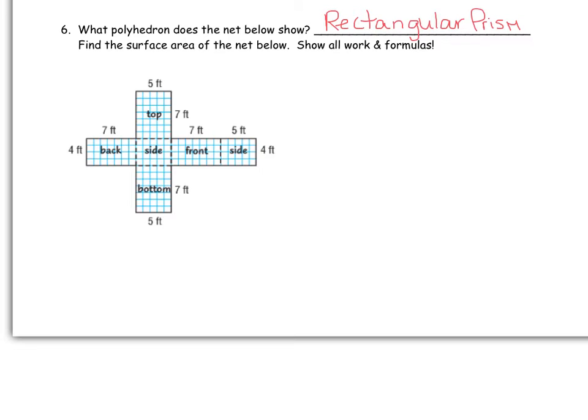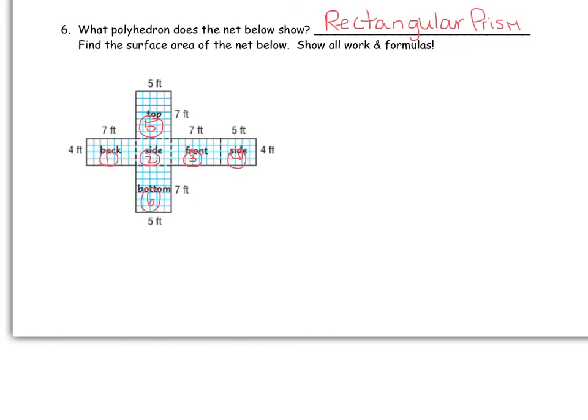Looking at our net of a rectangular prism, I have 6 rectangles. So you can label them. And that means we're going to have to find the area of all 6 of those faces. Add them all together, and that will give us our surface area.